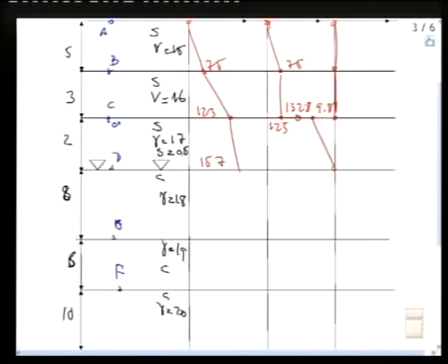Are you sure? Take your time. 123 plus 9.81 plus. Okay. This is 157. Okay.